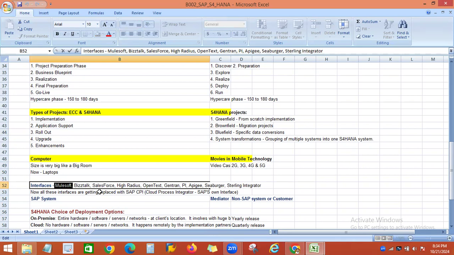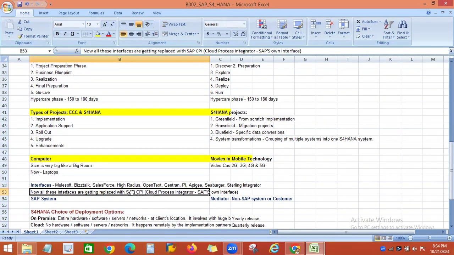Now all these interfaces are replaced in SAP with a single interface, that is nothing but SAP CPI.